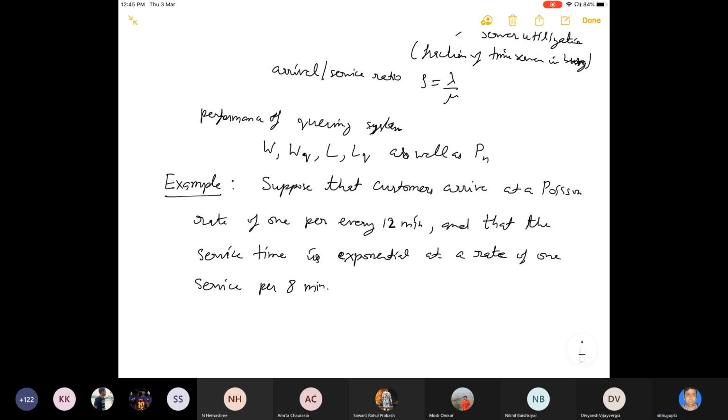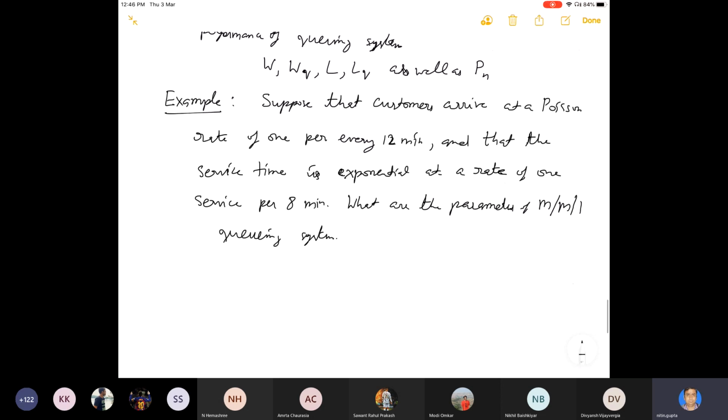Determine the parameters of the MM1 queuing system.